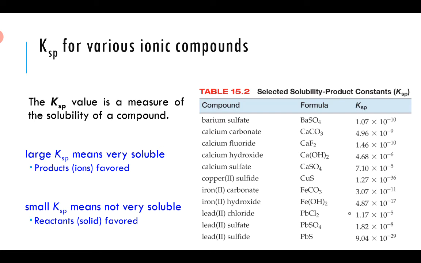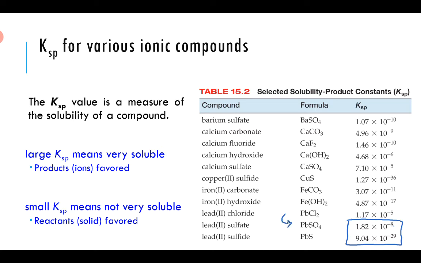So if we compare different compounds, let's compare lead sulfate to lead sulfide, since those sound very similar. And look at the exponents here. We have a very small exponent, times 10 to the minus 29th power, for our lead sulfide, and then our lead sulfate has a minus 8 exponent, which is not as negative.